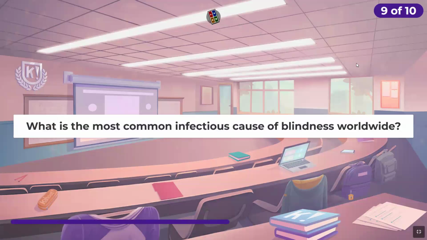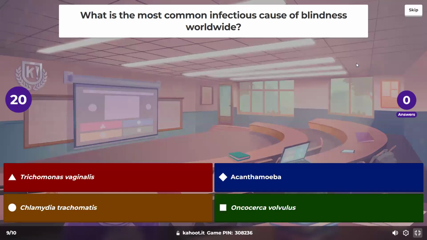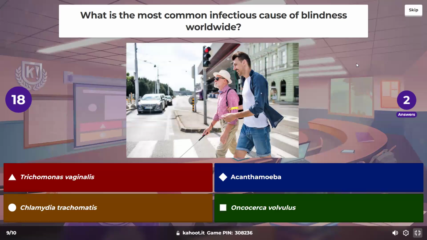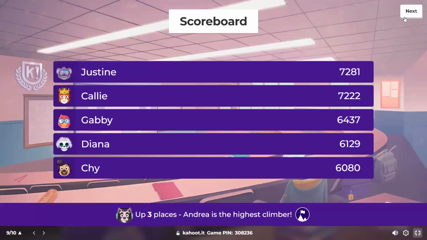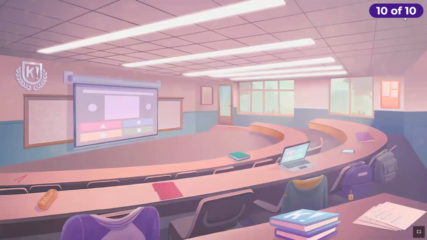What is the most common infectious cause of blindness worldwide? Which organism is to blame? Alrighty, so this is going to be attributed to Chlamydia trachomatis, which is also known to cause chlamydia, a sexually transmitted disease. It is a bacterial pathogen.